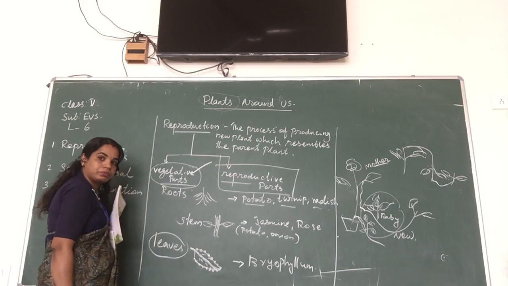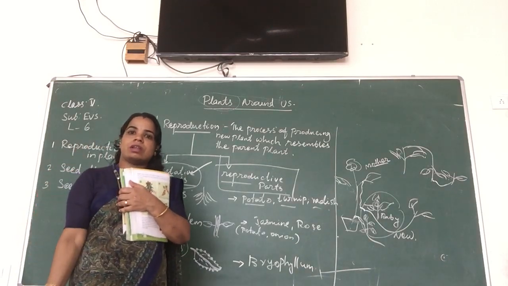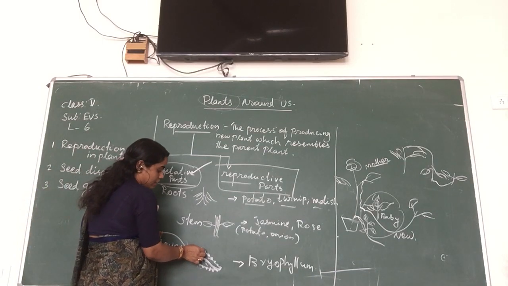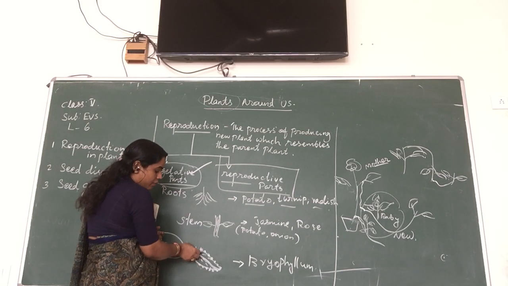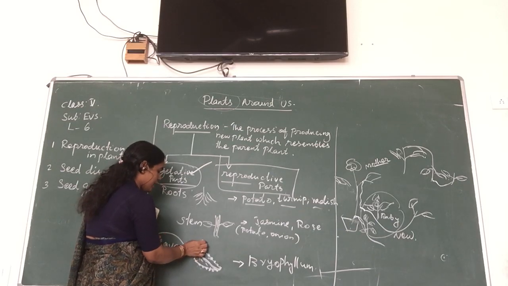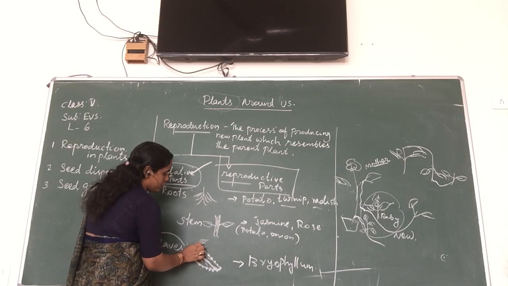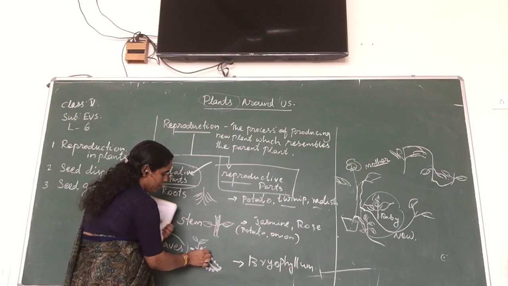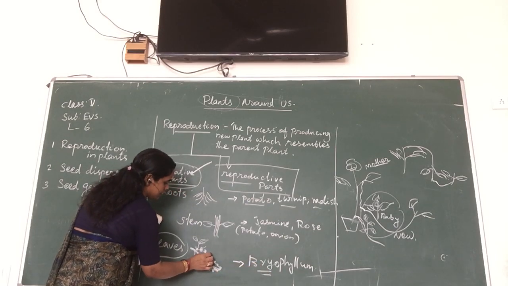The buds search for food and nutrients from the ground, and then automatically the new plant starts to grow. Here, Bryophyllum leaves are the best example.